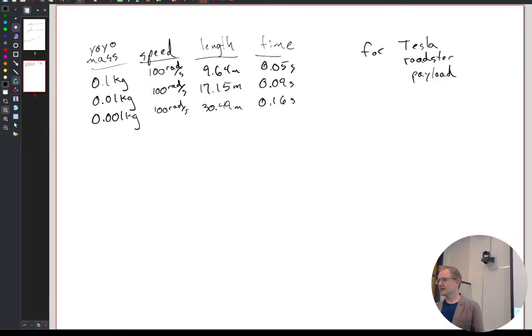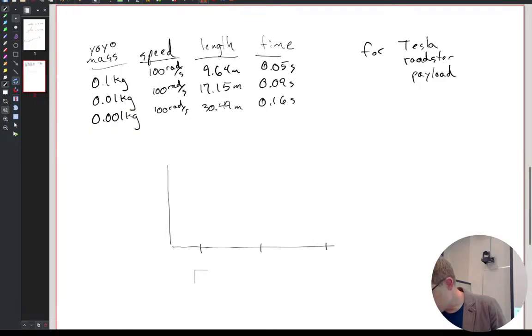What do we think? Is it like a linear relationship, log relationship, square root of the log of the exponent, sine squared? What do we notice so far? There's definitely some sort of log of yo-yo mass to the length. Okay, yeah. So maybe 0.001.